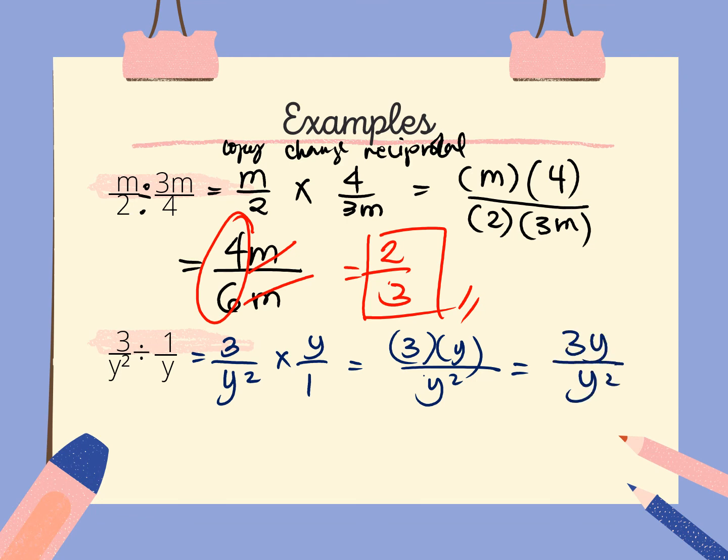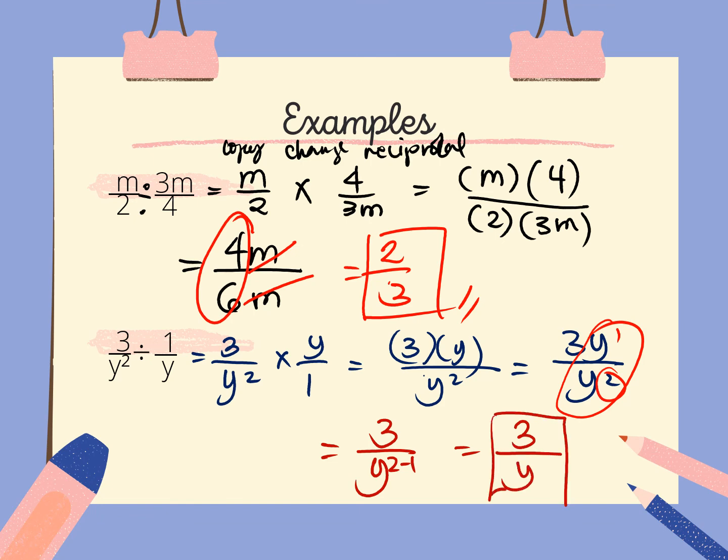Obviously, they have a common factor, which is y. Since this is squared, we put the higher exponent in the denominator. So that will be 3 over y raised to 2 minus 1, which gives us the final answer as 3 over y. So that is the final answer.